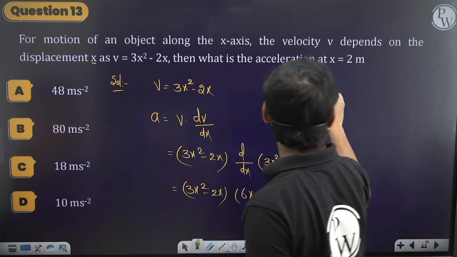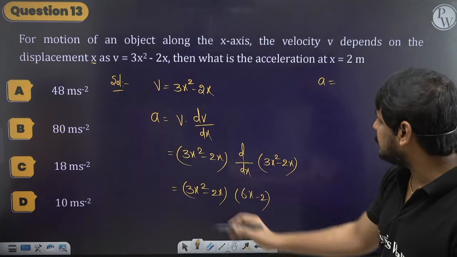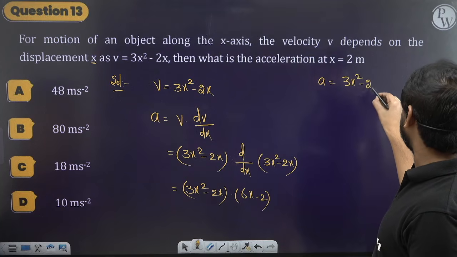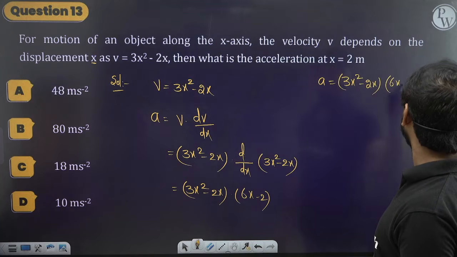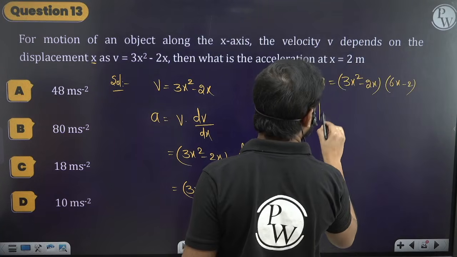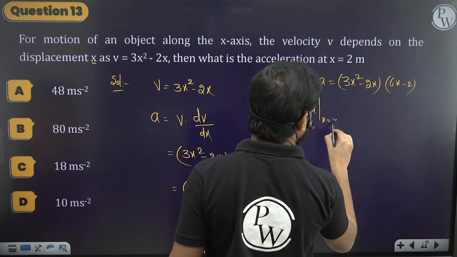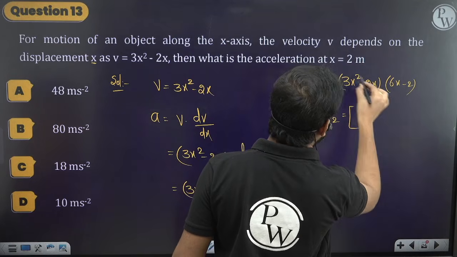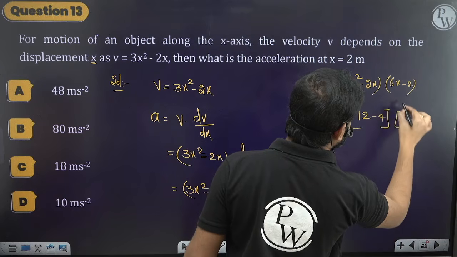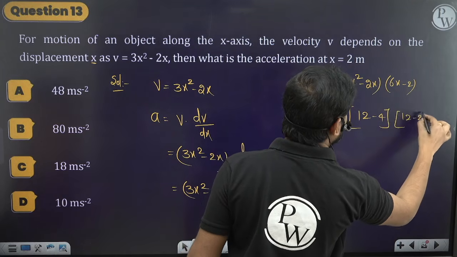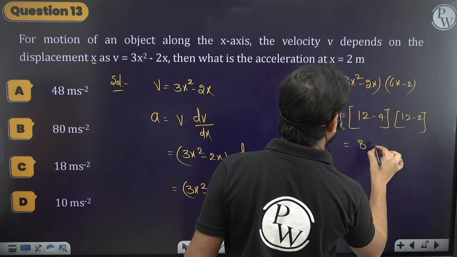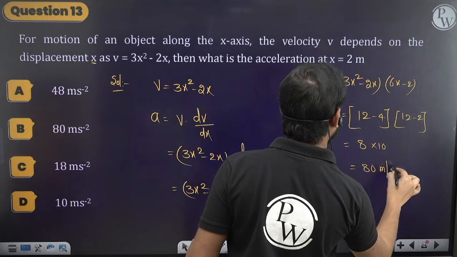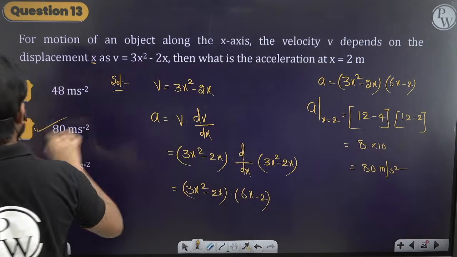Then the acceleration at x equals 2 meters we required, so in place of x, substitute 2. Here 3 into 4, 12 minus 2 into 2, 4. And here 6 into 2, 12 minus 2. So 12 minus 4, 8, into 12 minus 2, 10, which is 80 meter per second square.